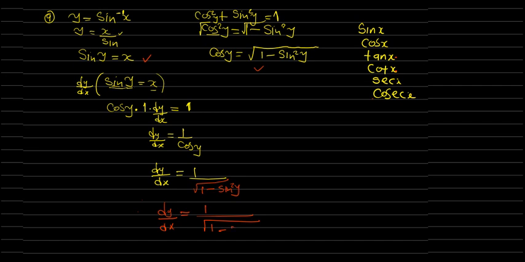We'll attach the square there because at this point it was just normal, then here it is squared, so we also square there. So this marks the end: 1 over root of 1 minus x squared, that's the derivative of sine inverse x.